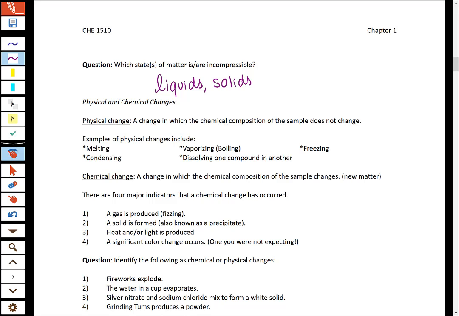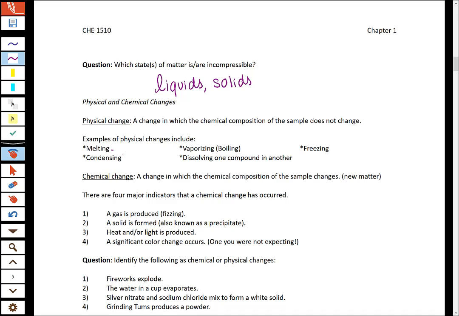A physical change and a chemical change, they're really difficult to distinguish from physical property and chemical property, but we'll do our best. So when we're talking about a physical change, we're not changing the identity of the compound or the atom. All that we're doing is changing its state, in a sense, right?